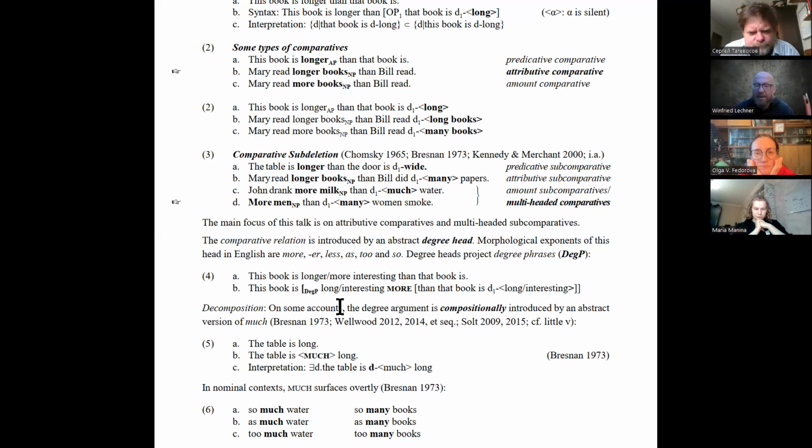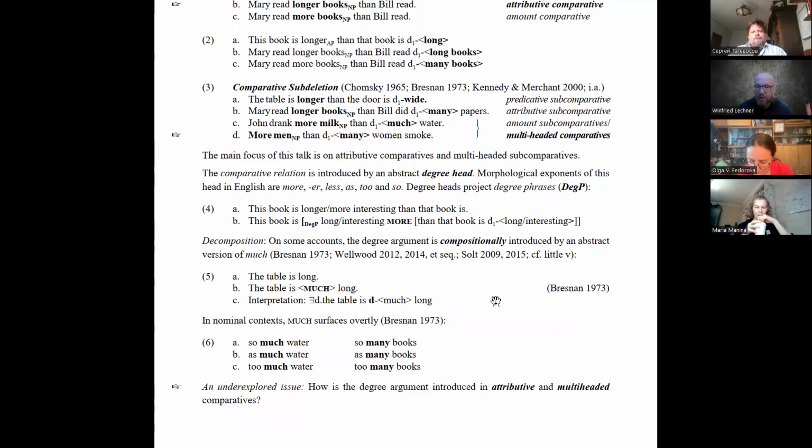It's on the one hand the degree head, that is clear, but also the argument itself, the d that shows up here in the metalanguage. The degree argument has been argued to be introduced by a syntactic operation, or by some functional head, such that the meaning of the gradable adjective, long or interesting, is smaller than what we thought it would be.